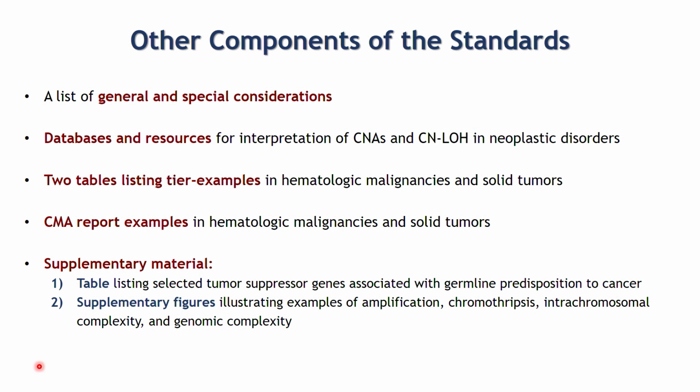We also have some report examples to give you some ideas how you may want to structure your reports. And then there are other resources in supplementary material, including supplementary figures that will illustrate some of the definitions for terms like amplification, chromothripsis, interchromosomal complexity, and others.